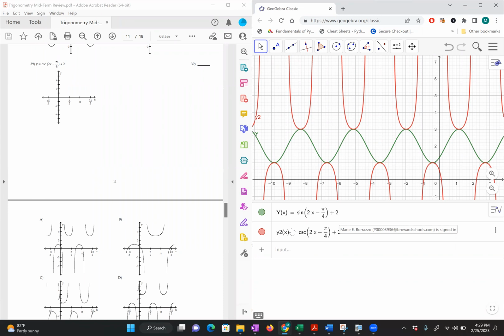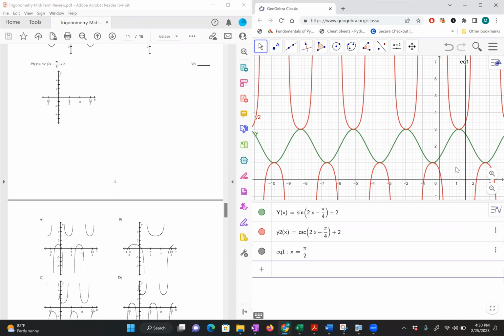And so the key as well to this is that the vertical asymptotes in this case are x equals, as one example, pi over 2. You can see it over here. So it's like an asymptote.